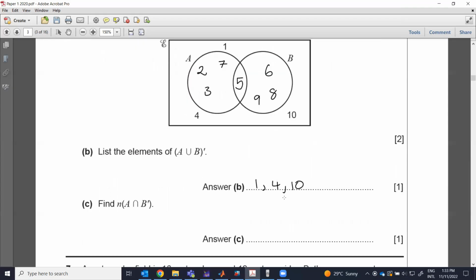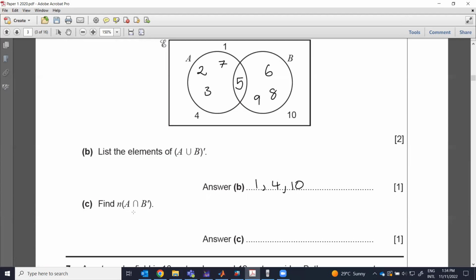Then, A intersect B complement, and this n just means how many numbers you have in this set. So first we have to figure out where A intersect B complement is. If you're not sure, try and break this down in words.